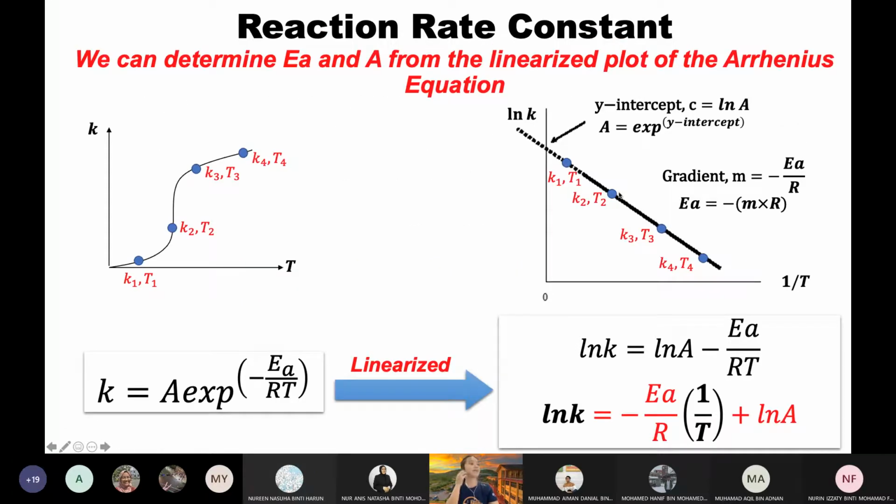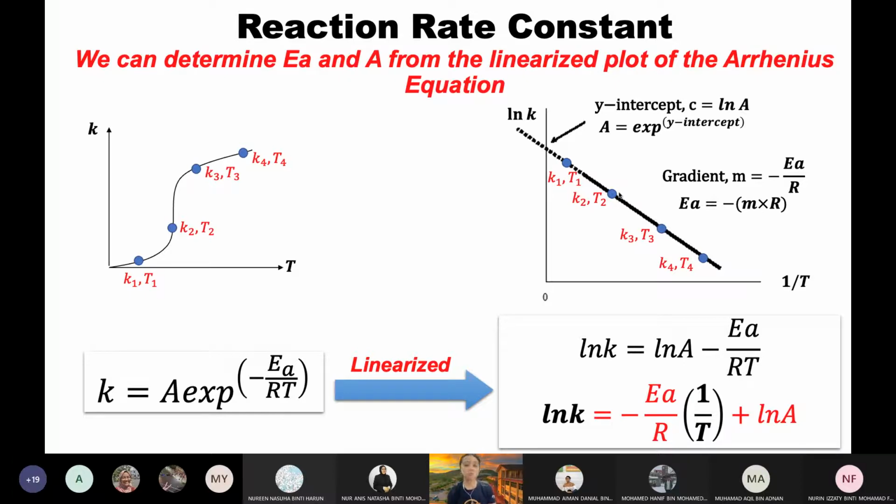Okay, alright. So next, one more thing before I forget, kadang-kadang student akan confuse berkaitan K, EA dan A. Konsep dia adalah, just remember you have one reaction. Nilai untuk satu tindak balas ni, nilai EA dan nilai A dia adalah sama.